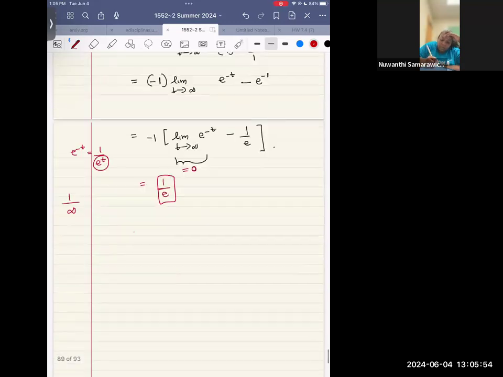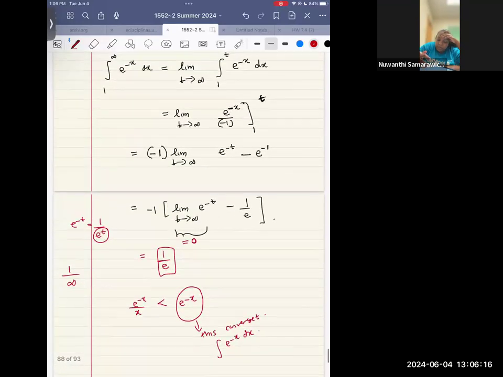So we had this one, and we mentioned that the larger one is convergent. The improper integration of this gets convergent.